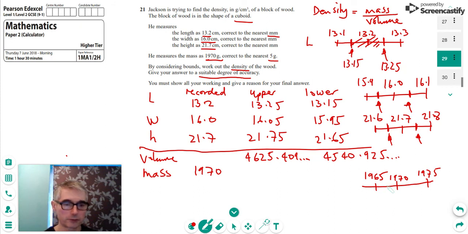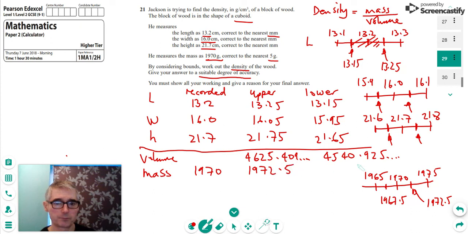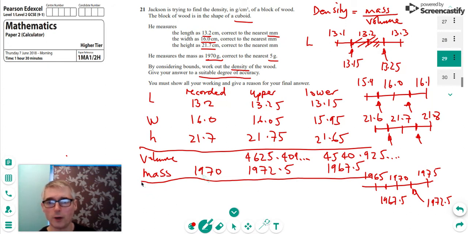That means the boundaries are 1967.5 and 1972.5. So our upper boundary is 1972.5 and our lower bound is 1967.5.